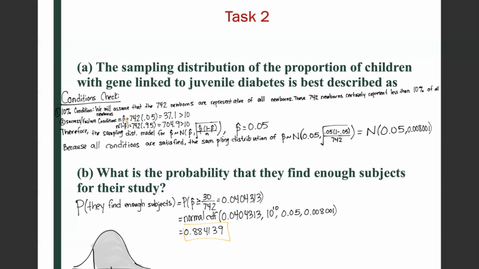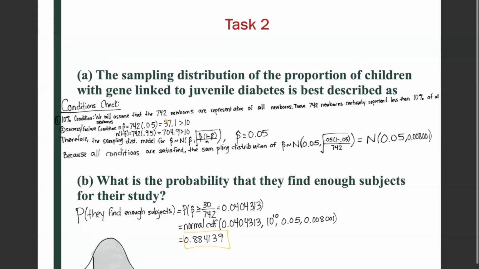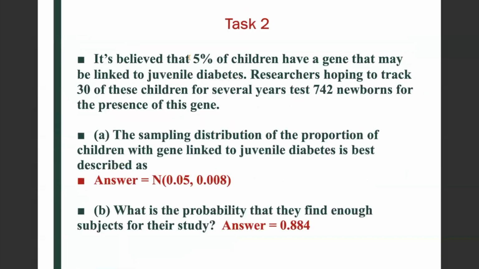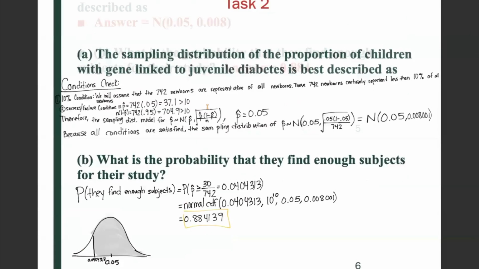So n times p is 742 times 0.05, so that's going to be 37.1. And here we got 0.05 from, it's believed that 5% of children have this gene. So that's why our p is 5%, and that's the success. It's a success if you have the gene. So that's greater than 10.